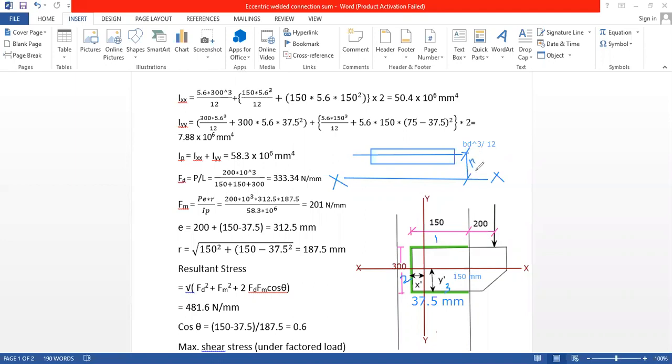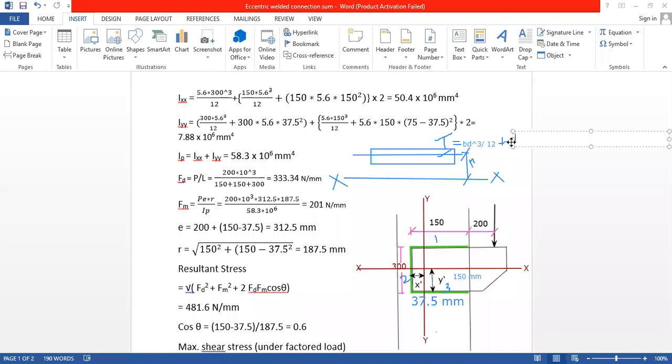Whenever we are calculating the moment of inertia with respect to an axis which is not passing through the body of that member, we have to adopt the theorem of parallel axis. In this case, my moment of inertia will become BD cube by 12 plus A R square.